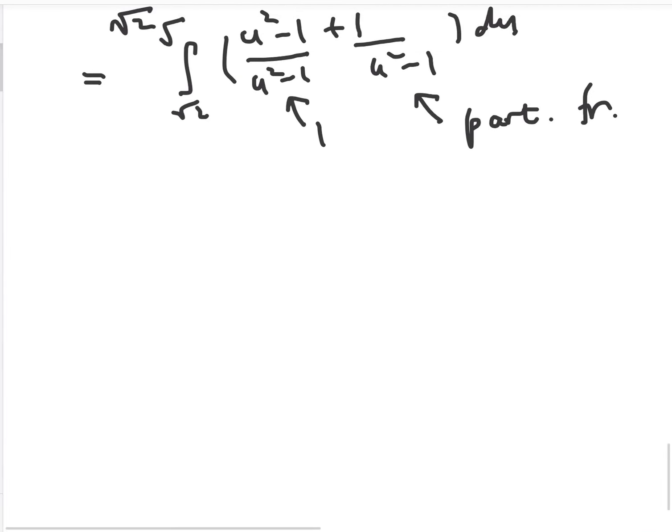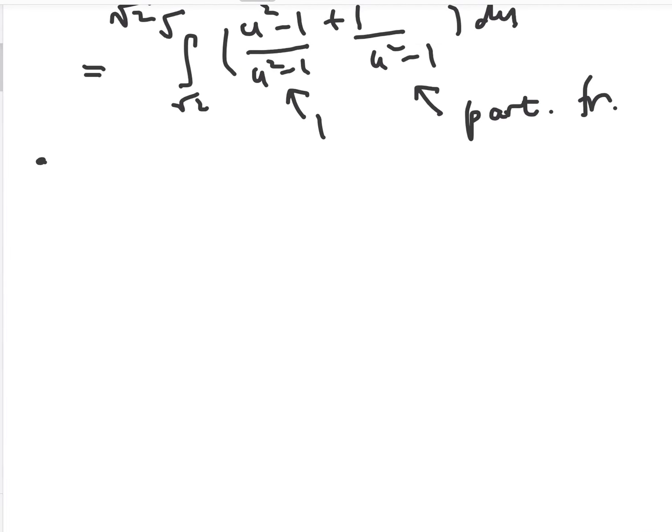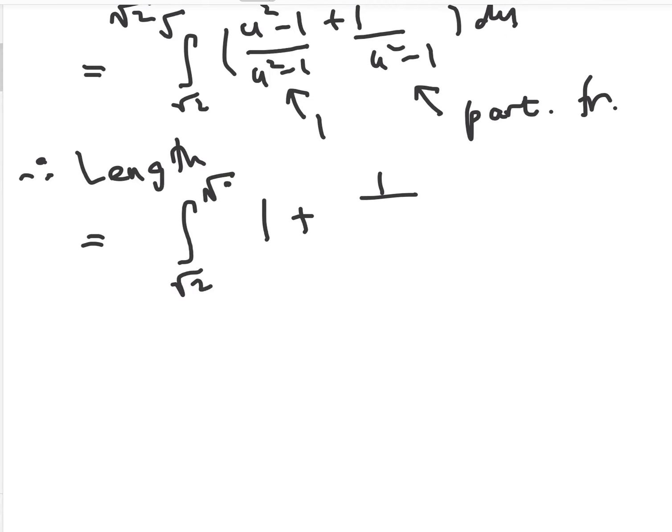Right. So therefore, the length that we need to calculate is equal to the integral from the square root of 2 to the other square root, that large number, of 1 plus 1 over u squared minus 1, integrated with respect to u. The first one is straightforward. This is just equal to u.